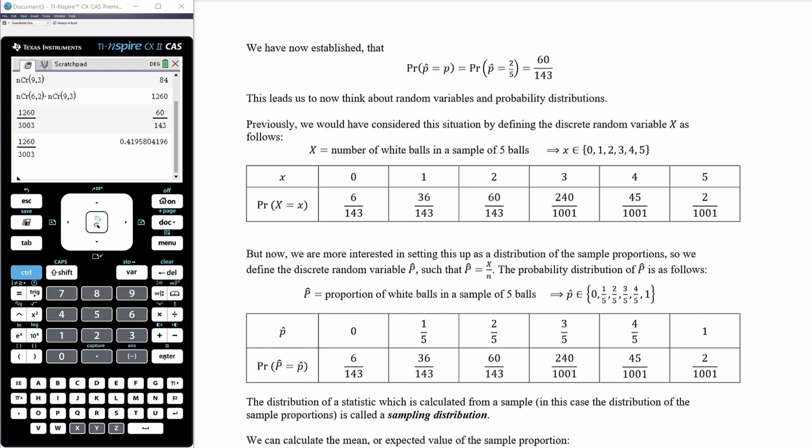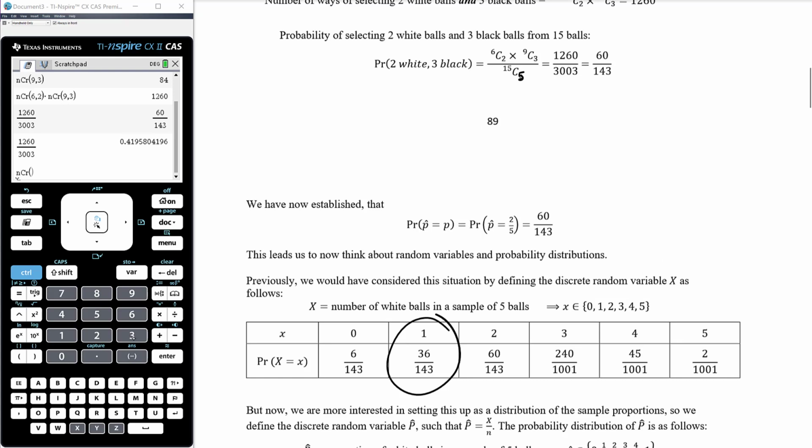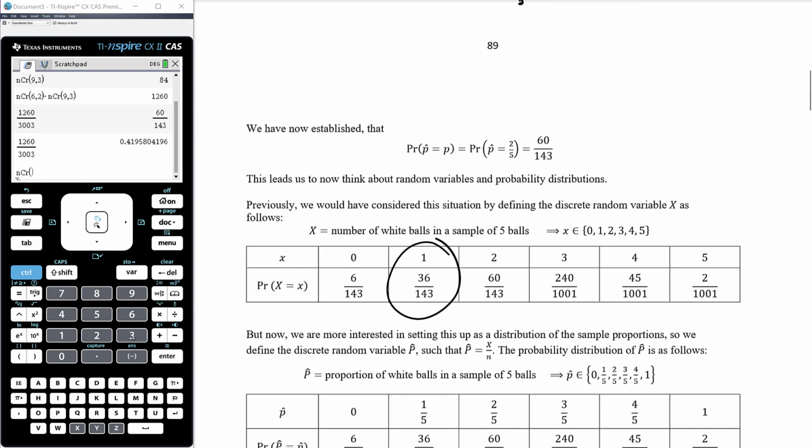So this was the one that we already calculated. The probability that I select 2 white balls we worked out was 60 out of 143, and we can calculate these other values in the same way. For example, the probability of selecting 1 white ball would be: how many white balls were there again? 6 white balls. So from the 6 white balls we want to choose 1. There's one way to do that.